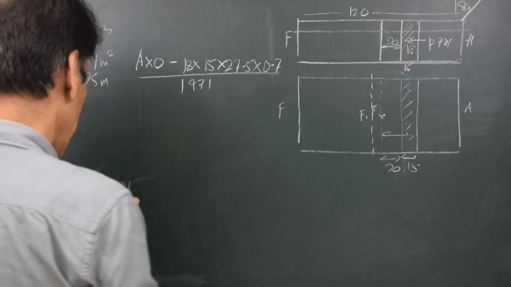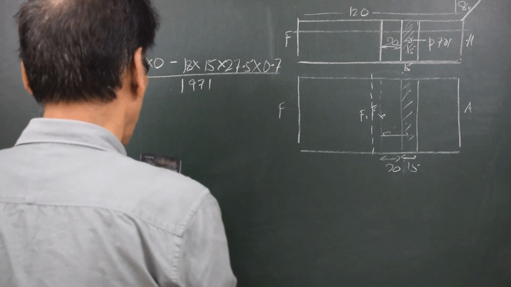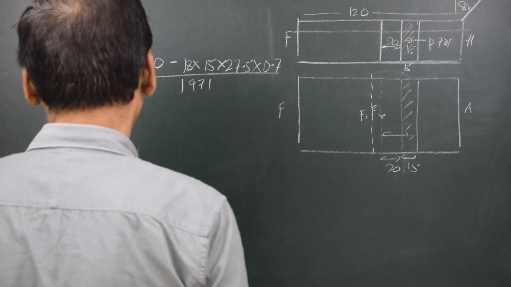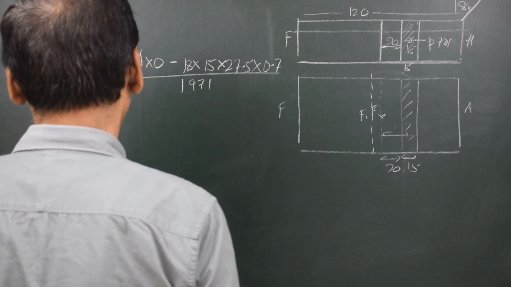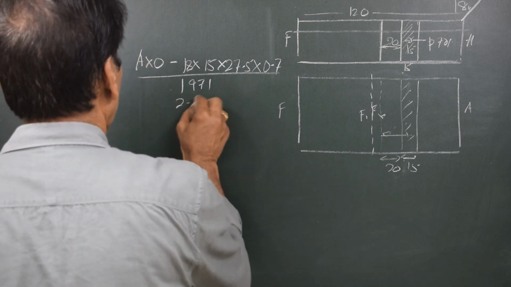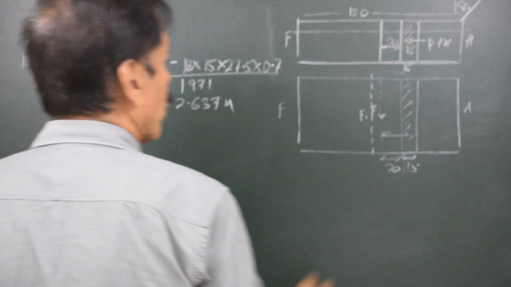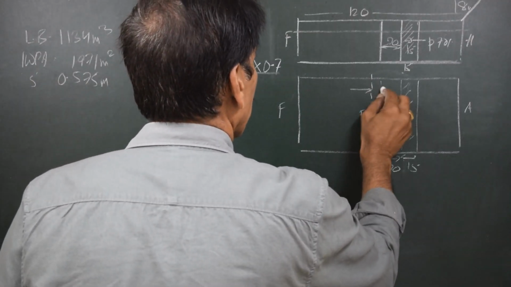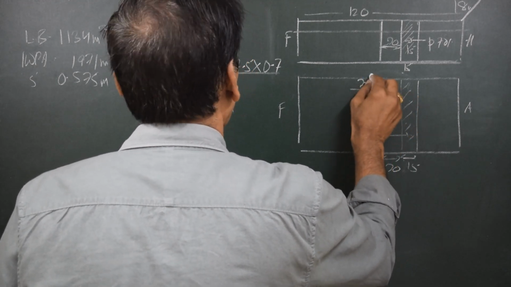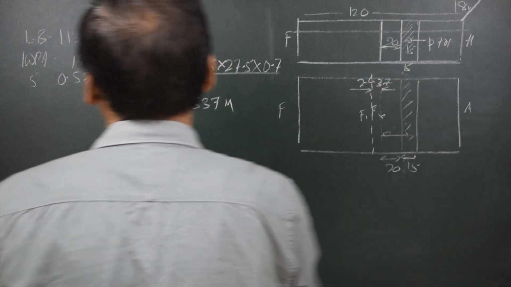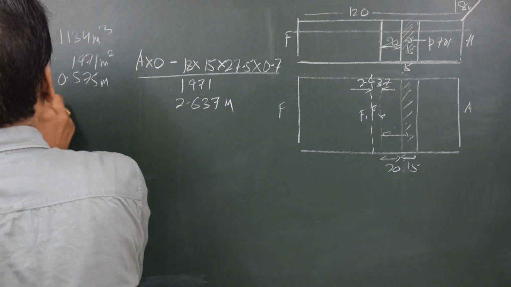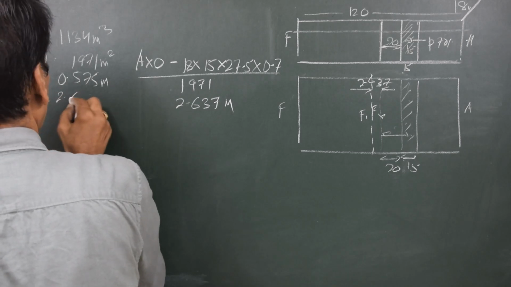Let's see how much it is. 18 into 15 gives me 2.637. So 2.637 is the shift of the center of flotation. So this distance is 2.637, FF1 is equal to 2.637.